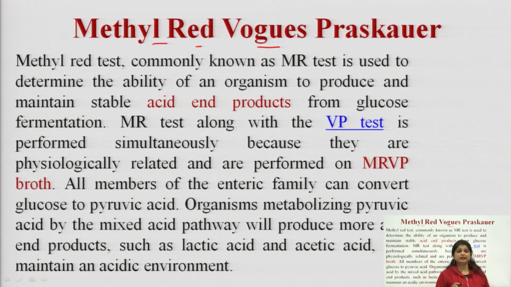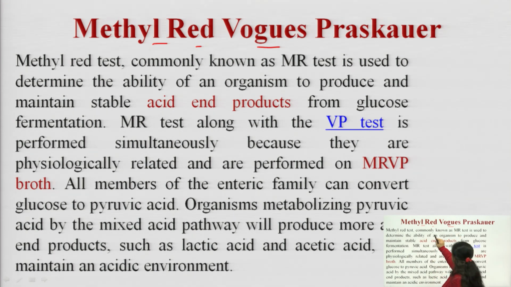So we can differentiate between the bacteria which release acids as an end product, and we can identify the bacteria which make the preparation basic by the release of an ingredient known as acetoin. So both can be identified using the methyl red Voges-Proskauer test.